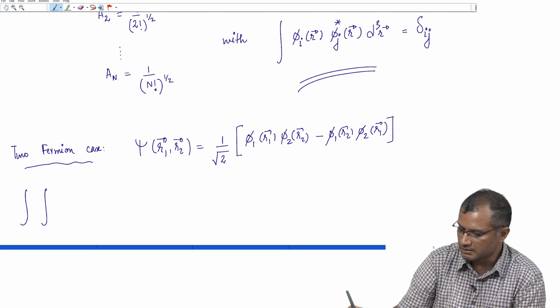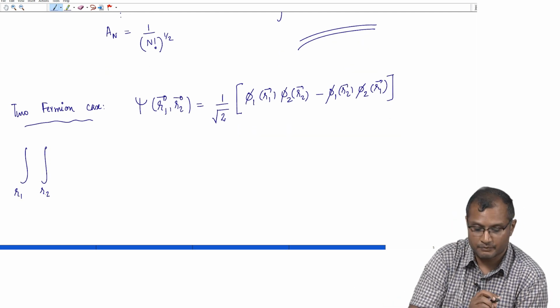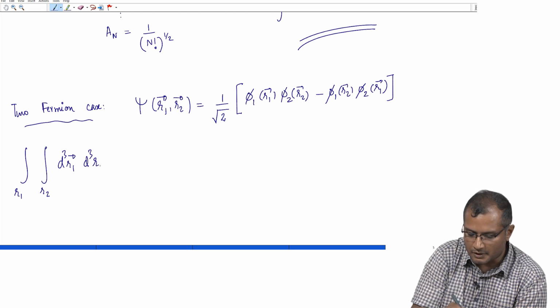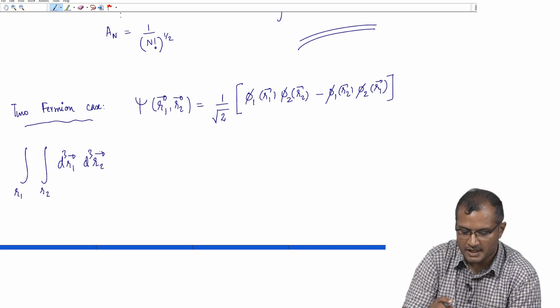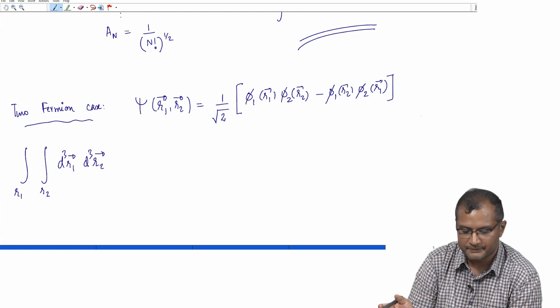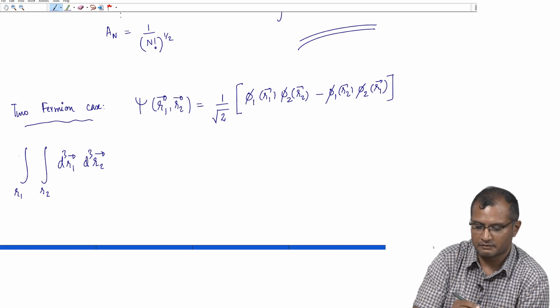So, you do a double integral. You do one integral on r1, second on r2. Okay. You can do a d cube r1, d cube r2, psi star. Okay. So, you take one psi from the right hand side and the star of it will give you another 1 by 2 factorial.